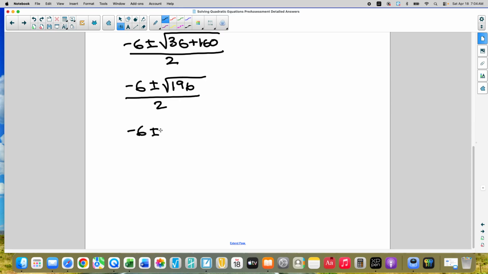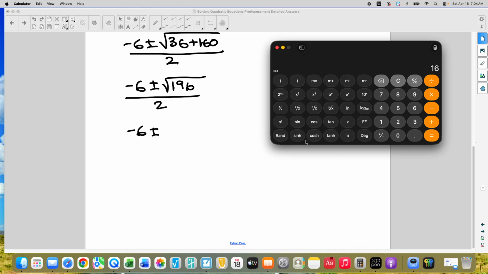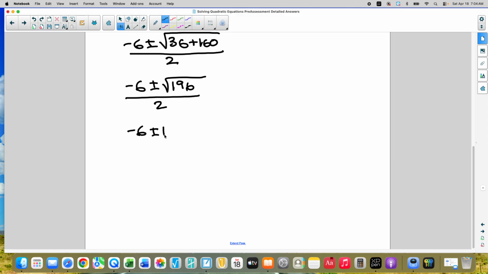Negative 6 plus or minus, is that 16? I think it's 16. 16 squared, no, not 16. How about 14 squared? 196. Plus or minus 14 over 2.